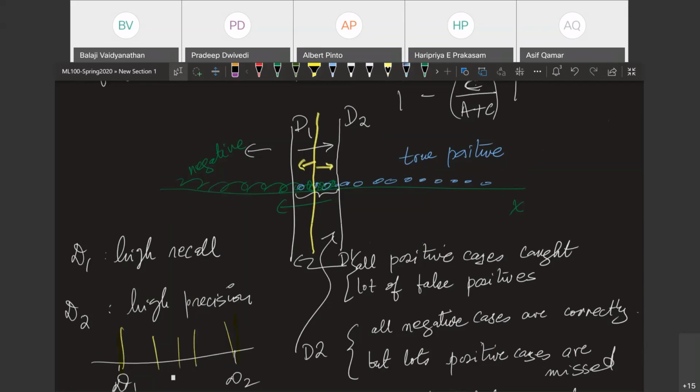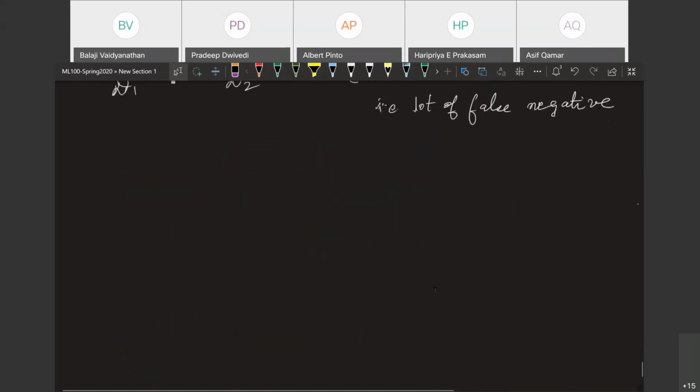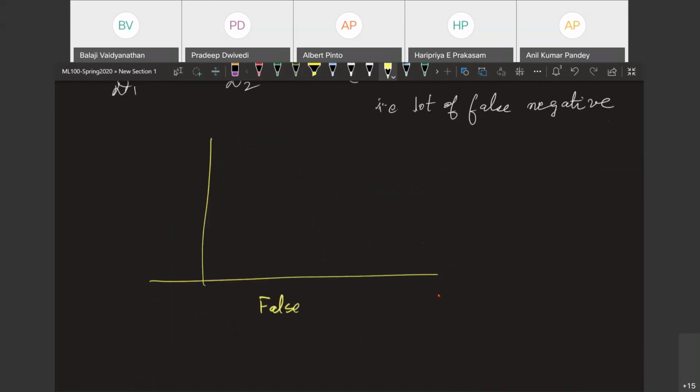And so it is usually explained using a particular curve. It is this. This, let us say, is the false positive rate. And this is the true positive rate.